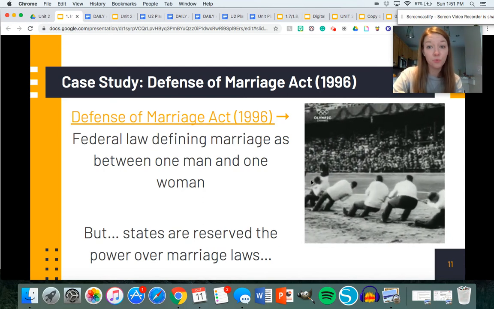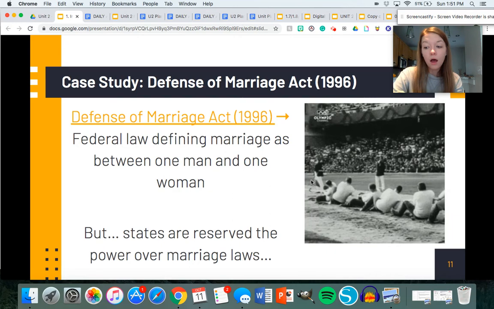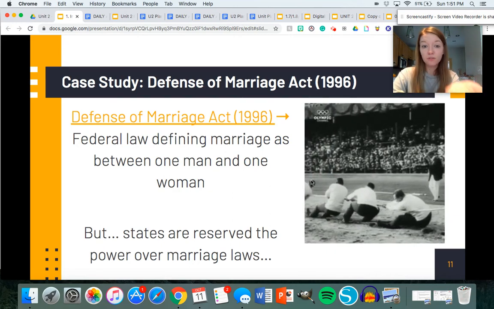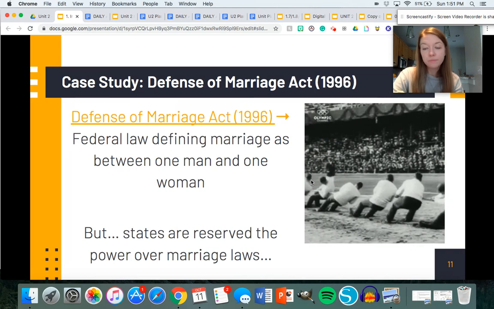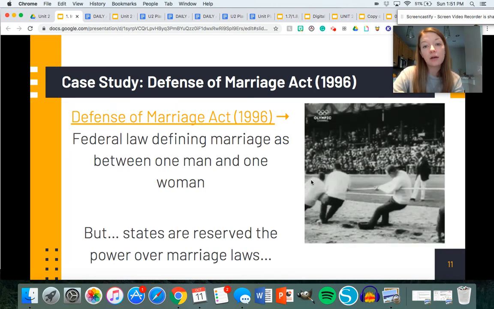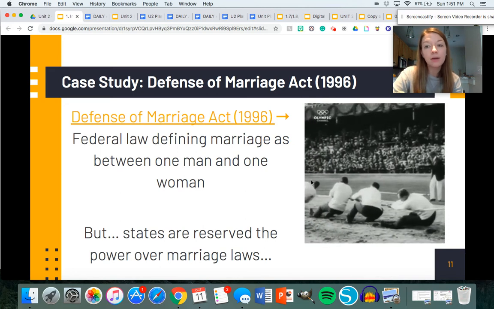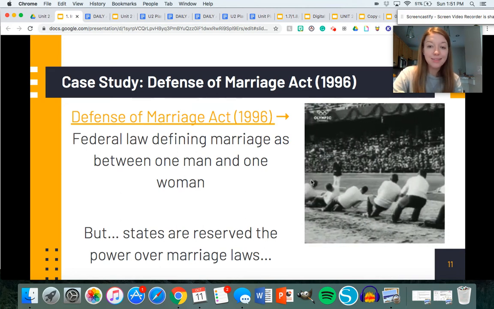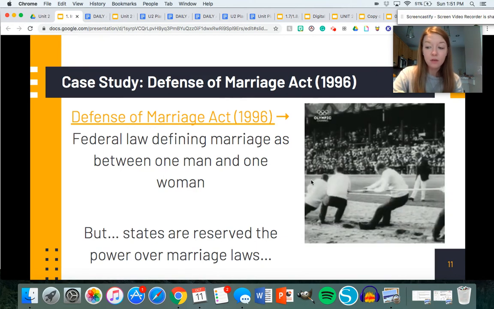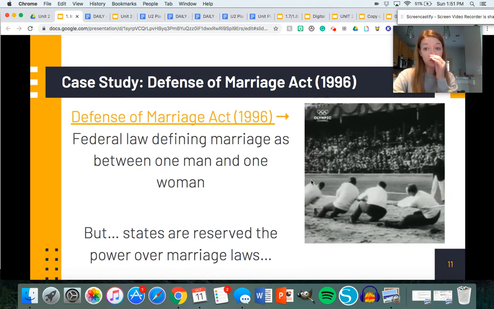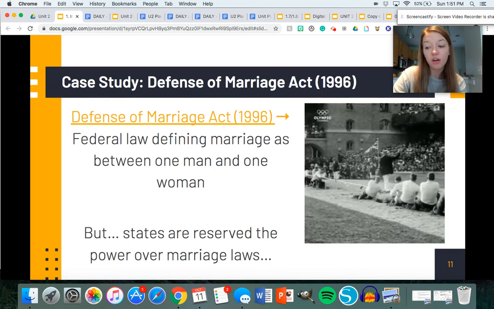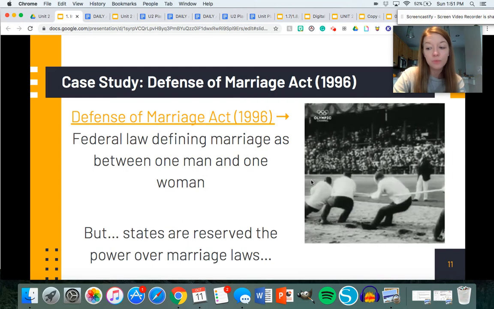Some states rewrote their marriage laws and added amendments to mimic the federal Defense of Marriage Act. This is really going to put Article 4 in direct conflict with that 10th Amendment and national supremacy. Because like I said, technically the full faith and credit clause requires states to honor the laws of others. But the 10th Amendment grants states the rights to define marriages within its own borders.